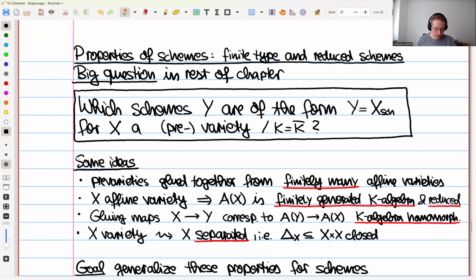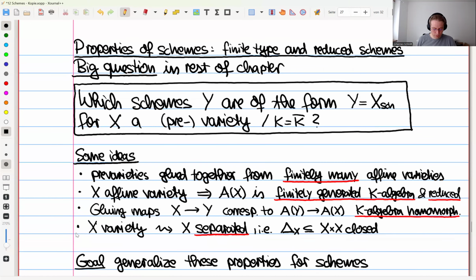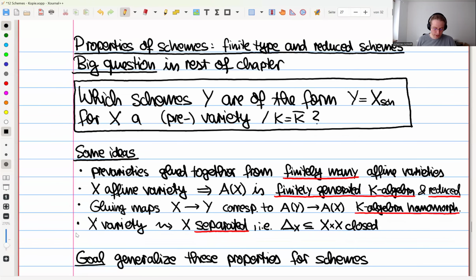So this was kind of just an overview of what is about to come to motivate it a bit. But now come the rigorous definitions, making all of this precise. So what properties of schemes we can impose.